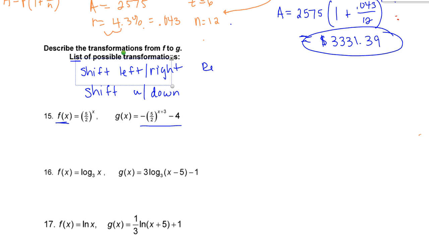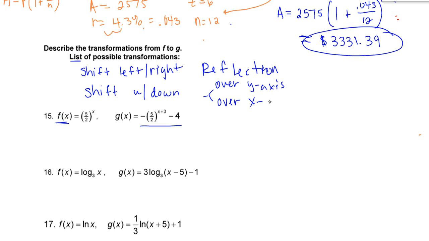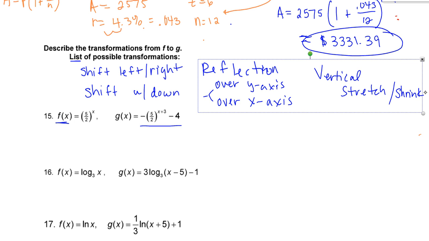You can have a reflection over the y-axis, or over the x-axis, most common. And then the third type we talked about was vertical stretches and shrinks. One of these we did talk about horizontal, but I'm not going to put horizontal on there. We're just going to stick with vertical shrink.